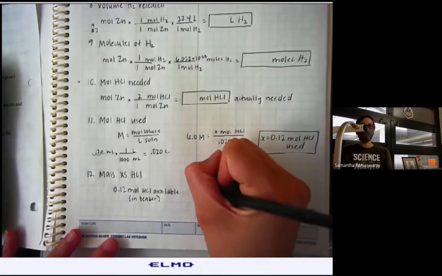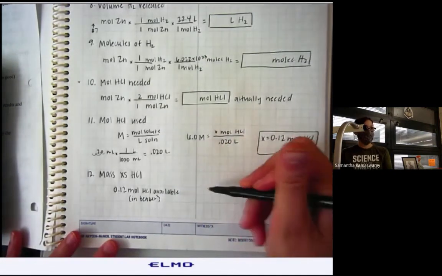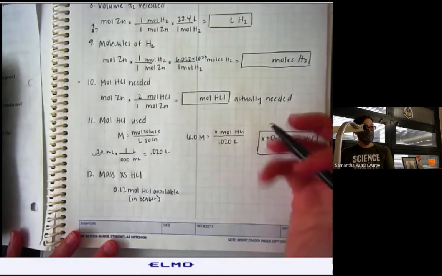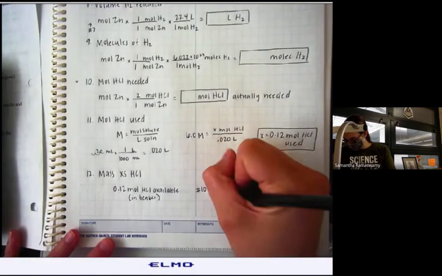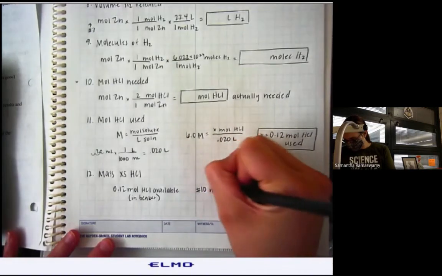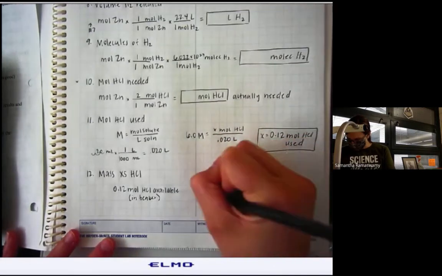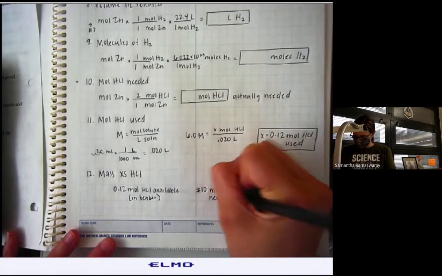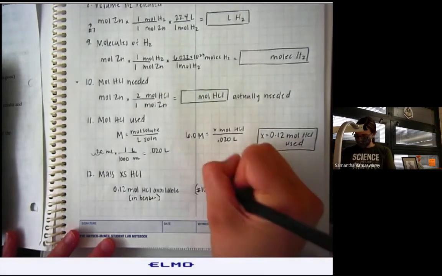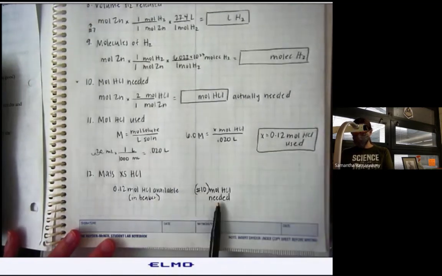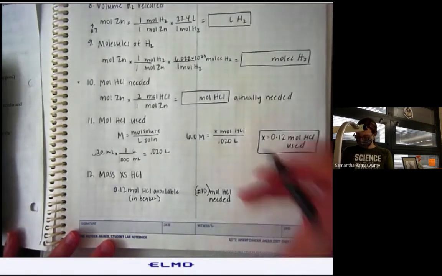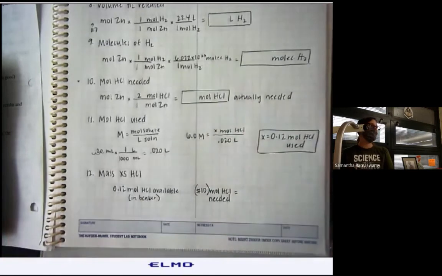So I'm going to put number 10 in, writing it. You can actually put your number. So number 10, moles HCl needed. So if this is how much I had available in the beaker, but this is how much I needed, how can I figure out how much I have left over after the reaction?